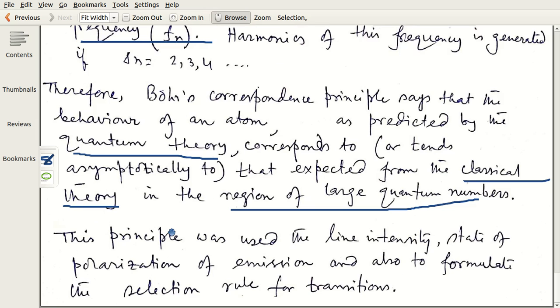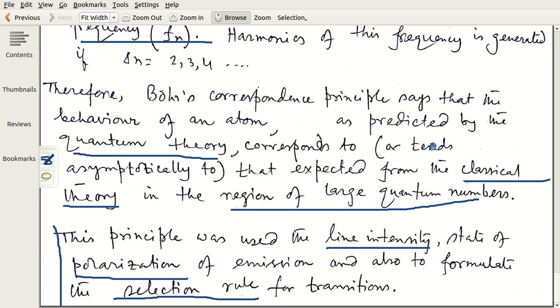And we are going to close our discussion today. Before we end, we just say that this correspondence principle was used by Bohr and also by other workers at that point of time to estimate the line intensity, to estimate the state of polarization of the emitted photon, and also to formulate the selection rules for which transitions are going to take place and which are restricted.